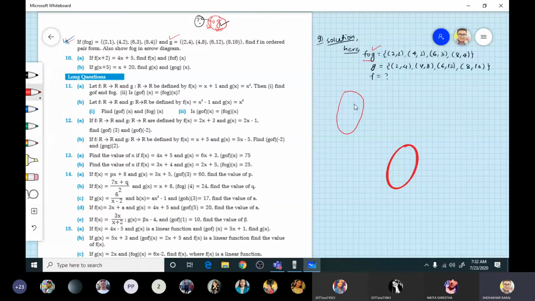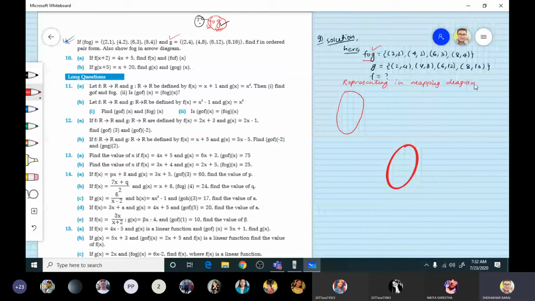You can begin by writing representing in ordered pair form, representing in mapping diagram. You can write it in this way also. The mapping diagram. You don't need to hurry to draw this, but I already drew it.